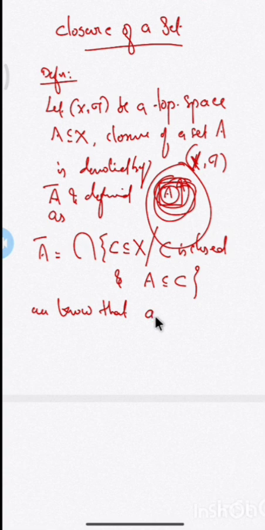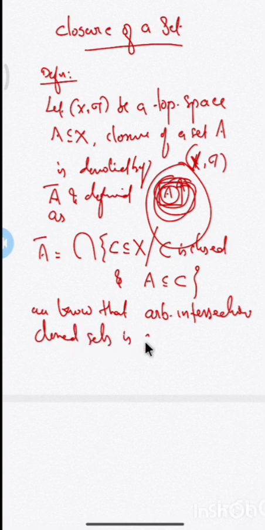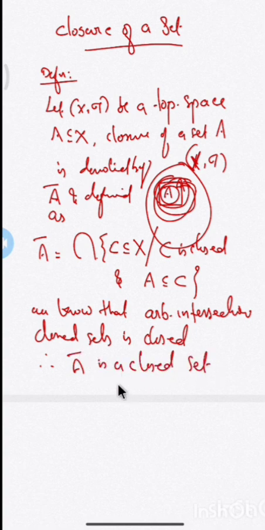Therefore, since A closure is an intersection of closed sets, A closure is a closed set. Closure of a set is always a closed set.